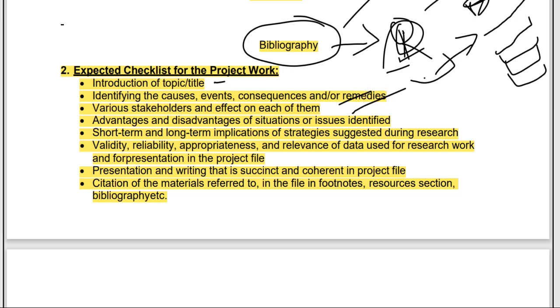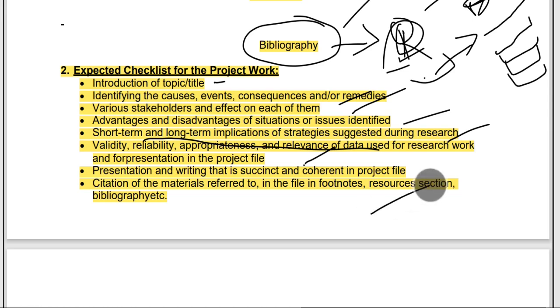Next, various stakeholders and effect on each of them, like real life examples. Then advantages and disadvantages of situations or issues identified. Then we have short term and long term implications of strategies suggested during research. Whenever you do research, you suggest those strategies basically. Then validity, reliability, appropriateness, relevance of data, and all that.